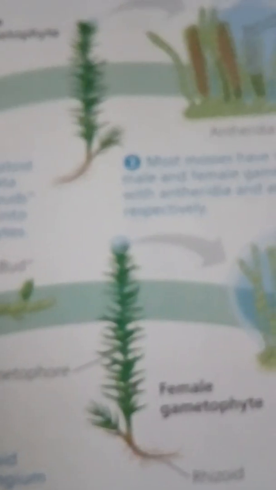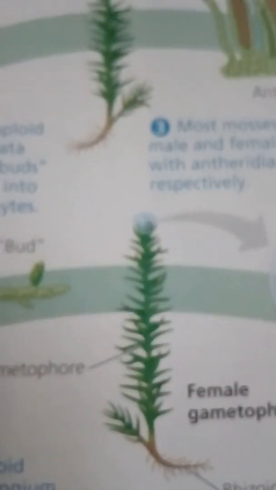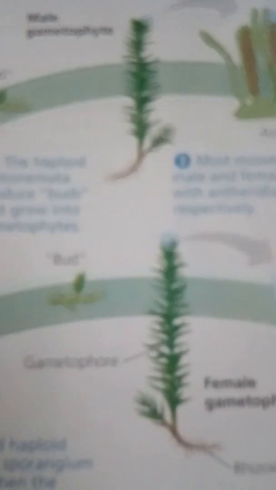A protonema produces one or more buds, each with an apical meristem that generates the gamete-producing structure known as a gametophore, meaning gamete-bearer. Together a protonema and a gametophore make up the body of a moss gametophyte.